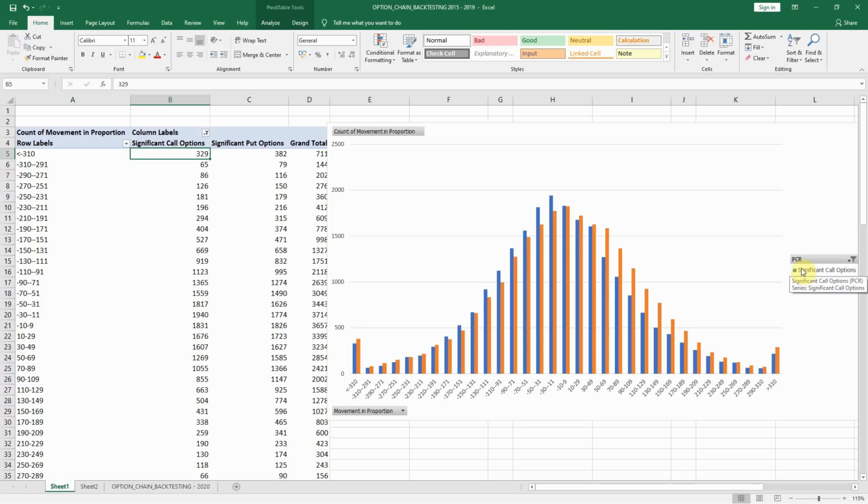Now let's understand what is blue and what is orange. If there were significant calls, it mostly ended up on the negative side. If it is a significant put, then it ended up on the positive side. So I think it fairly gives us a clue.